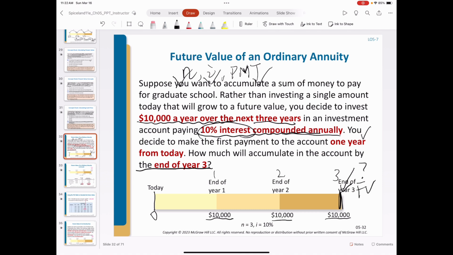If you don't know how to calculate the future value of an ordinary annuity, you can basically calculate the future value of each cash flow. For example, calculate the future value of this one, and since this one was the cash flow at 3, its value is already a future value. And we calculate the sum of them, that's the future value of an ordinary annuity.